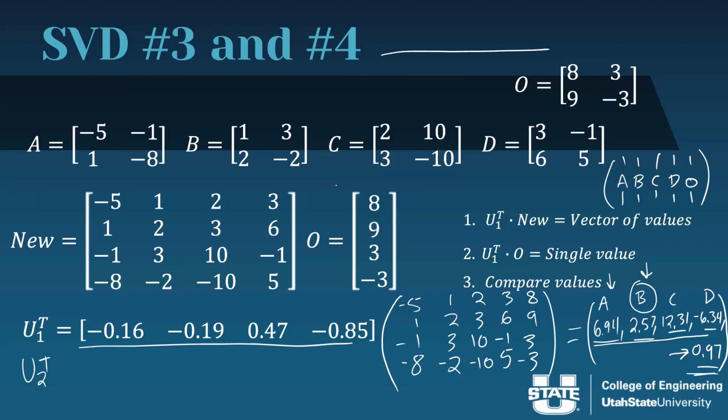Instead of plotting it on a number line, like A, B, O, C, D, you'd have a plane in direction U1 and direction U2, and they'd have points on there. Then you probably want to take the magnitudes and find the distance like that.